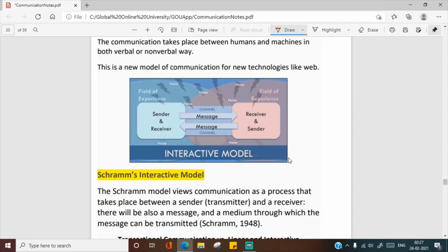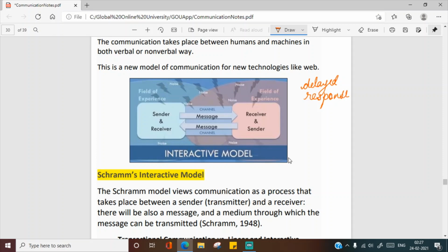So here it is the same way. Sender is there, receiver is there. The receiver becomes the sender and sends the message. The only difference here is that the response is a delayed response. Okay. Feedback is there, but feedback is a little late.